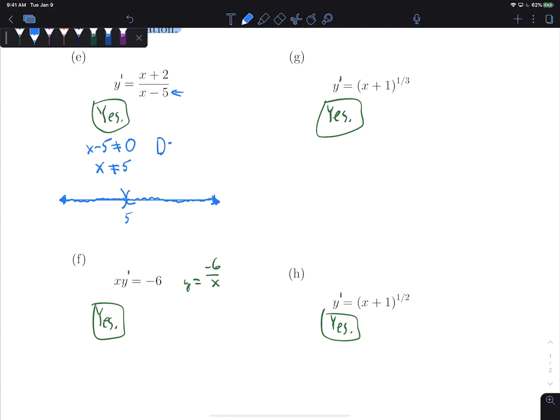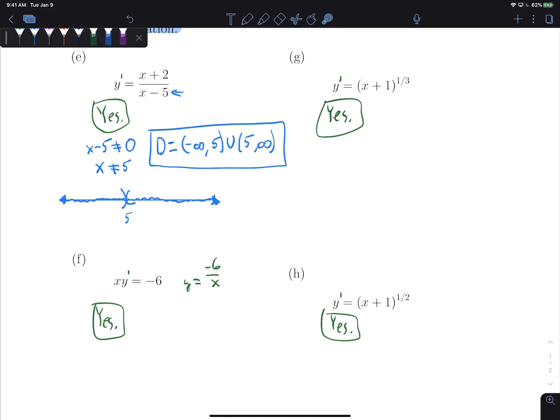Our domain here is -infinity to 5 union 5 to infinity. Notice this is how you take out a single number from the number line, where x cannot equal the number 5. So it's -infinity to 5 union 5 to infinity.